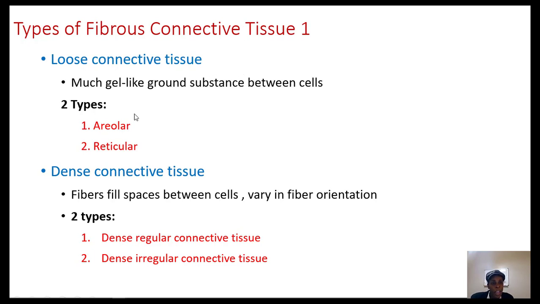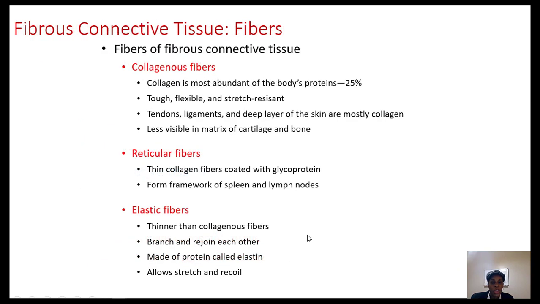So the two types of loose connective tissue are the areolar and the reticular. The picture we saw was areolar, right? And then the dense can be dense regular or dense irregular connective tissue. What determines the density? The amount of fibers inside of it. And what makes it regular? If the fibers follow each other. Irregular if they're in every direction.